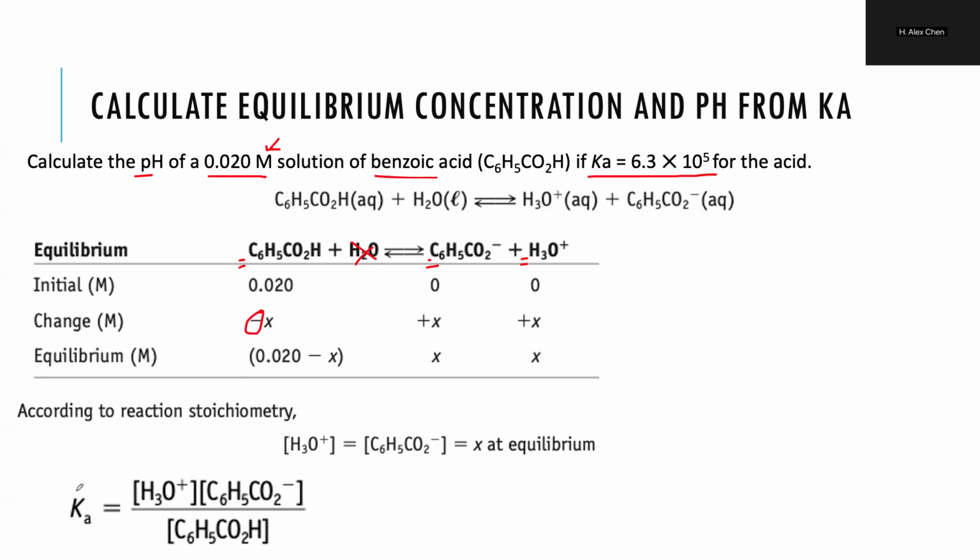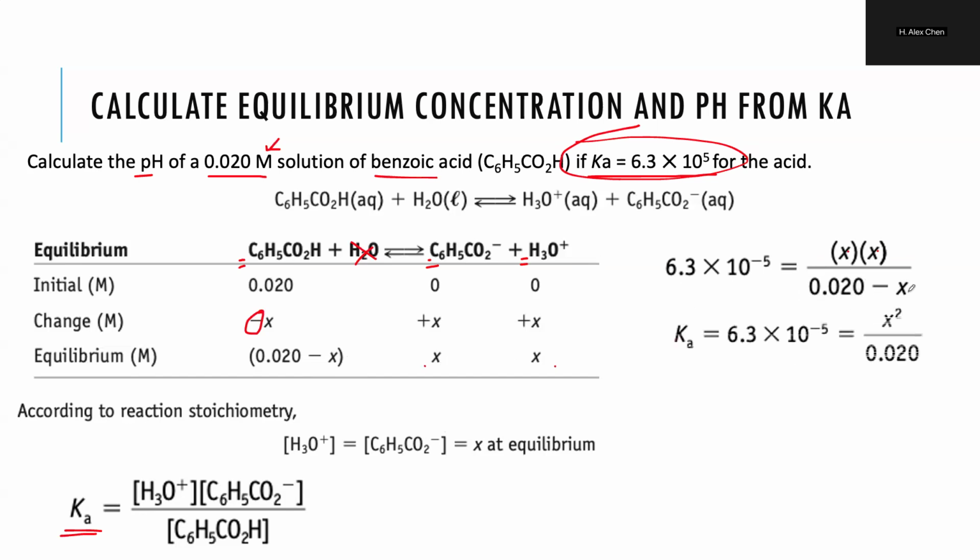And here I know my Ka, which is the equilibrium constant for the acid, which is written right here. Let's substitute that Ka here, which gets me 6.3 times 10 to the negative fifth power, which is equal to, in my numerator, both are x's, so x times x, over, in my denominator, the equilibrium concentration, 0.020 minus x.